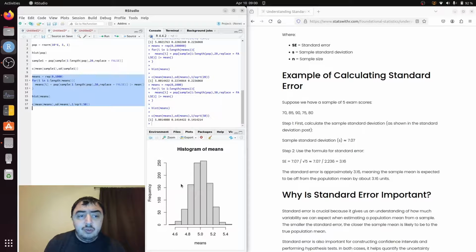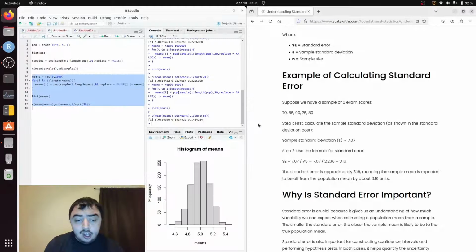If you did this sampling 1,000, 10,000 times, how good of an estimate is your mean based on that sample size and the standard deviation of the data?